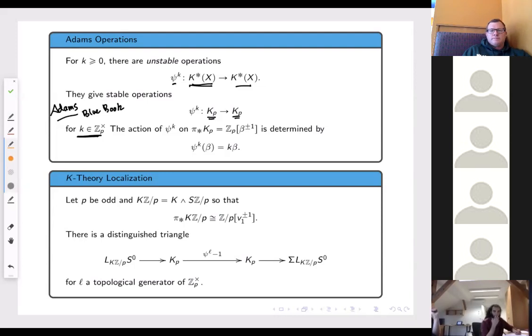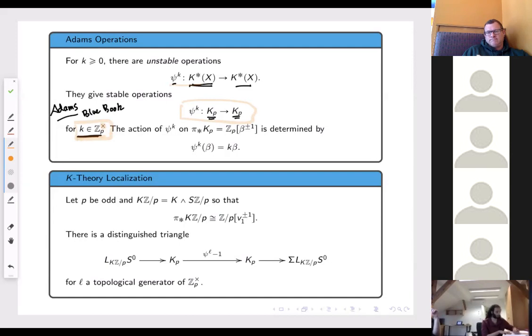So you have these unstable operations. They're not that great, but once you p-complete, for any integer in the p-adic numbers that's a unit, you can use these to construct the stable Adams operation on p-complete K-theory.